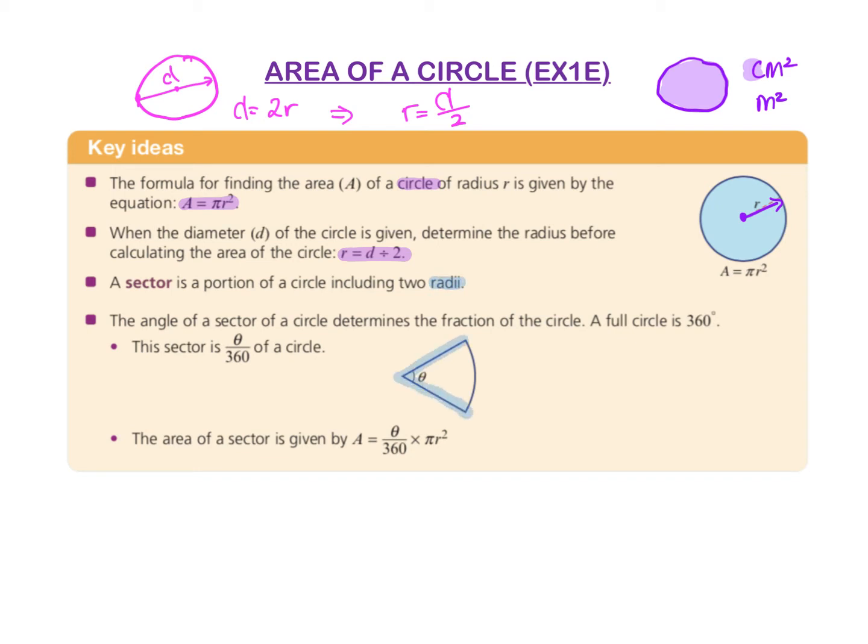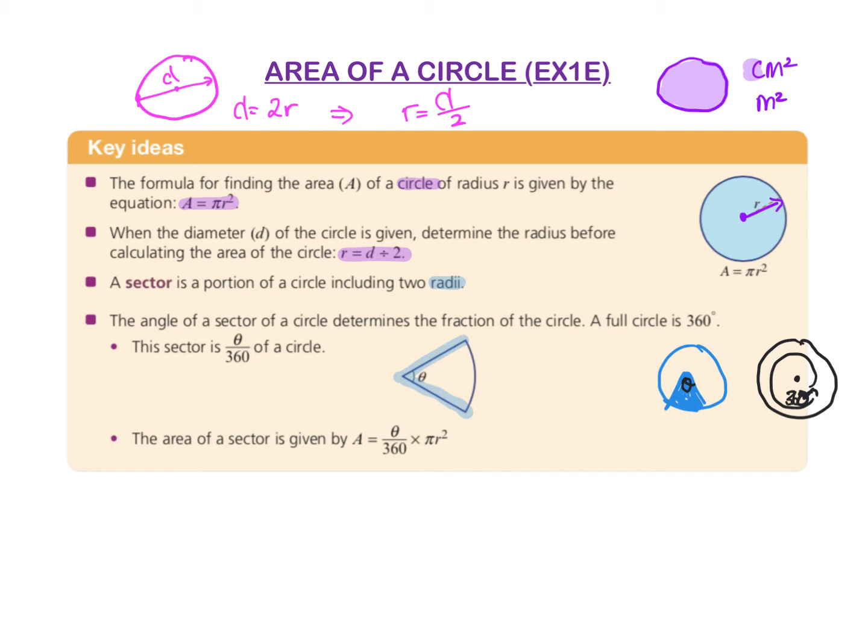Really you just need to know that a sector is a part of the circle. They'll tell you an angle, which tells you how much of the circle. How many degrees are in a full circle? 360. Good.